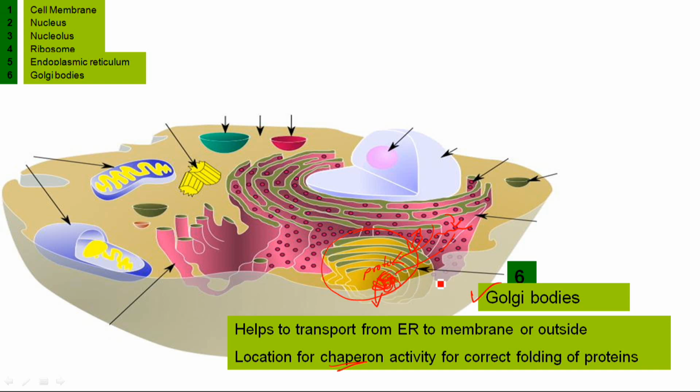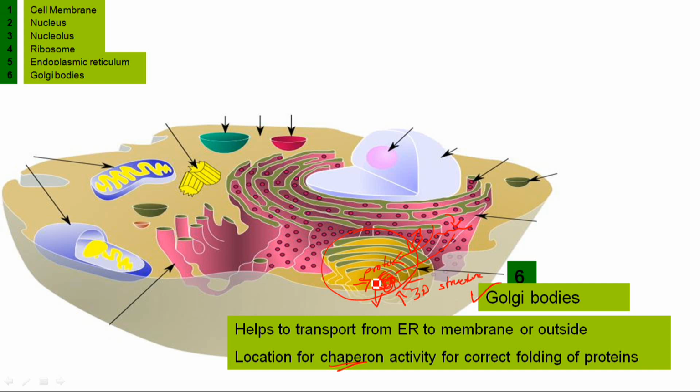But through transportation by the Golgi bodies, which have chaperone proteins, those chaperone proteins help the correct folding of the functional protein, and for that reason those folded proteins get the exact three-dimensional structure that can perform the specific function.